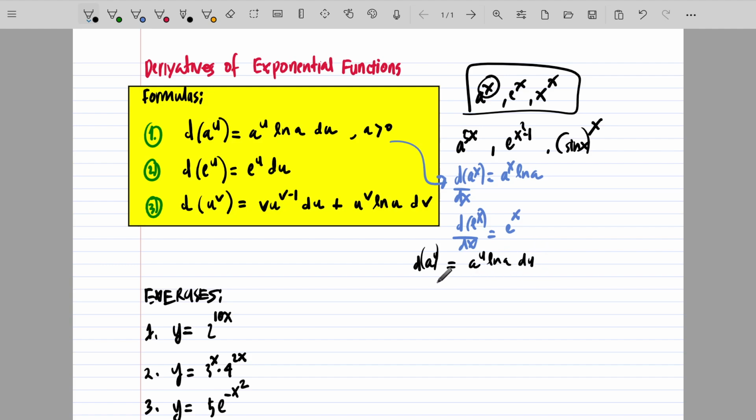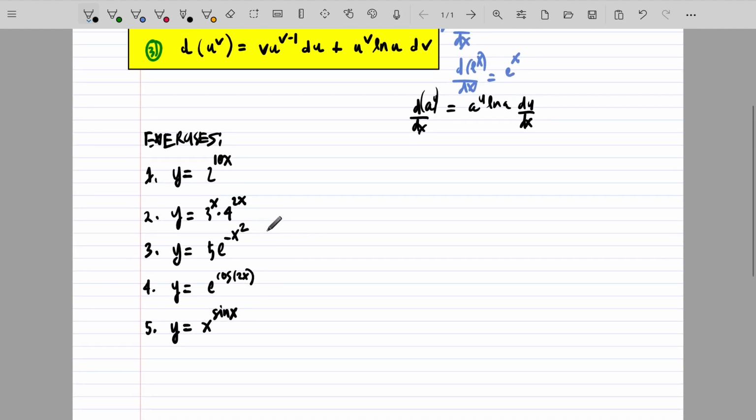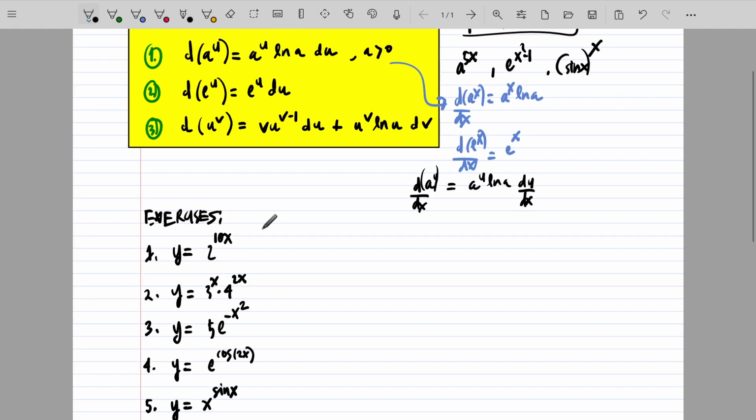If u is a function of x, put dx, so don't forget to get the derivative of u with respect to x. The derivatives of exponential functions are very simple. Just follow the formula, and then simplify. So let's try some exercises that involve the derivatives of exponential functions.